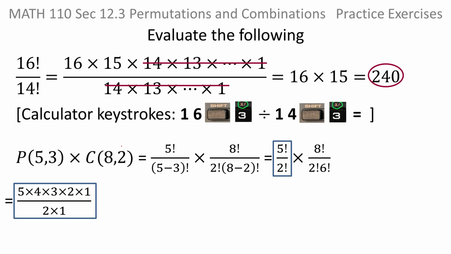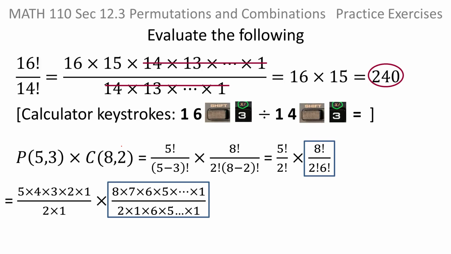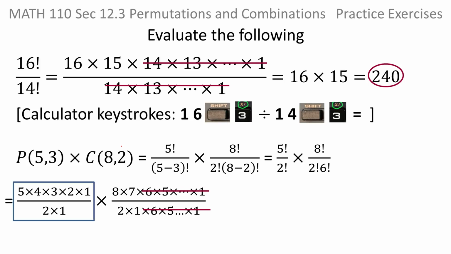And continuing this, 5 factorial over 2 factorial is really 5 times 4 times 3 times 2 times 1 over 2 times 1. And the second fraction is really 8 times 7 times 6 times 5 times 4 times 3 times 2 times 1 over 2 times 1 times 6 times 5 times 4 times 3 times 2 times 1. And notice lots of things will cancel out again in that second. So it's not as bad as it looks.